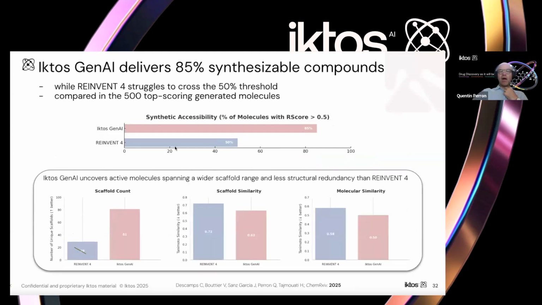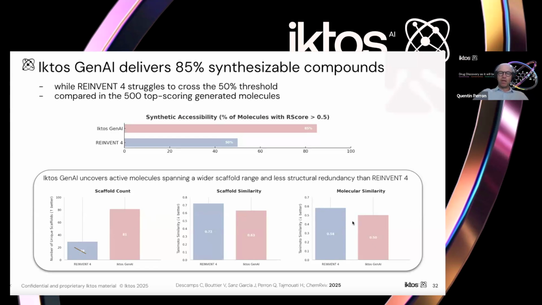If you have a look as well at the diversity, our GenAI produced much more diverse compounds, almost 3 times the number of new and different scaffolds compared to reInvent. Also, if you check the scaffold similarity between each other, we have a lower similarity between each scaffold, meaning that we have a good diversity.